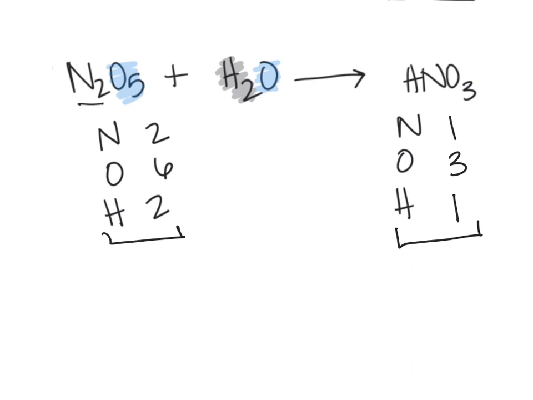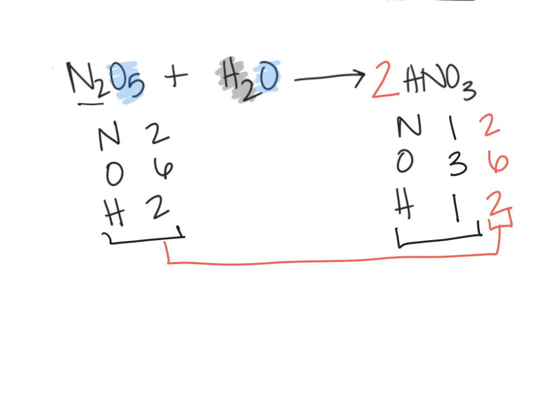So the first thing we're going to look at is by adding a 2 right here. So if we were to add the 2, what does this change our values to? So now we have 2 hydrogens and 6 oxygens and 2 nitrogens. This set of values now matches this set of values. So now we have a balanced chemical equation.